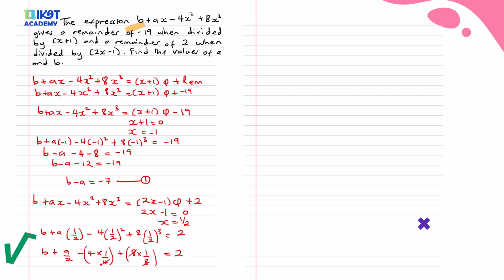So I have b plus a out of 2 minus 4 times 1 out of 4 plus 8 times 1 out of 8 is equals to 2. So we end up having b plus a out of 2 minus 1 plus 1 is equals to 2. So what we have, b plus a out of 2 is equals to 2. So I can multiply through by 2.